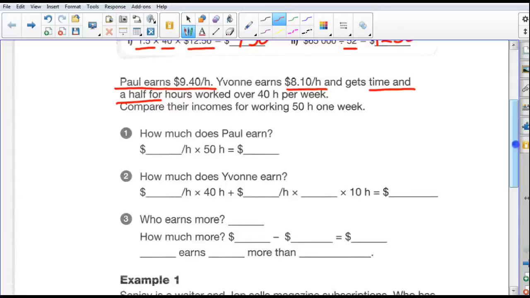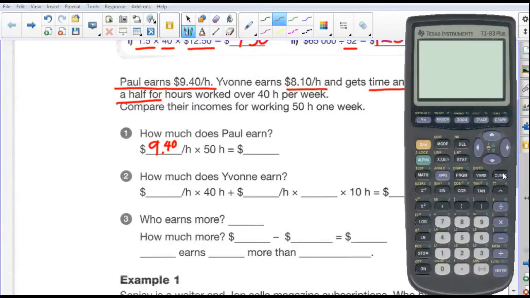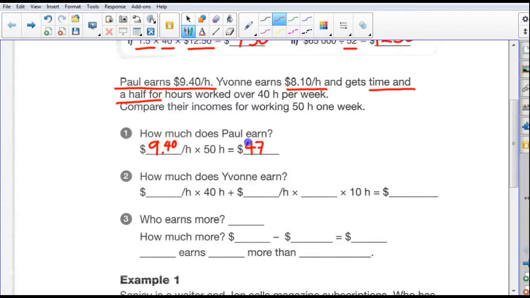Okay, well, let's just do the math. How much does Paul earn? Well, we know he makes $9.40 per hour times 50 hours. So we'll just take 9.5, multiply that by 50, and in 1 week, working 50 hours, he's making $475.